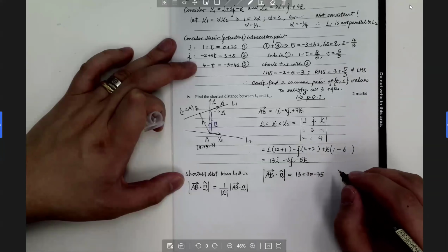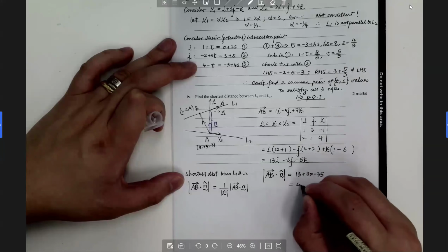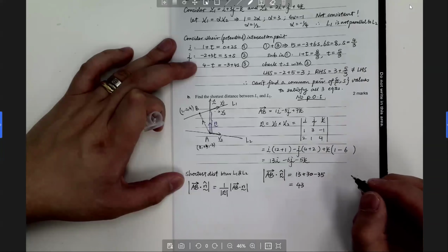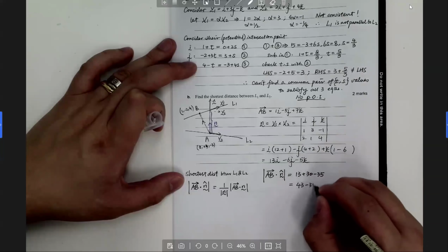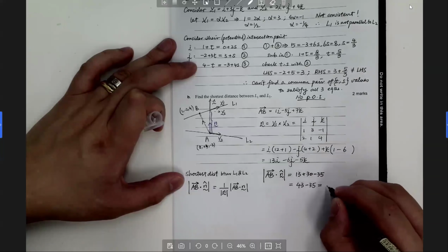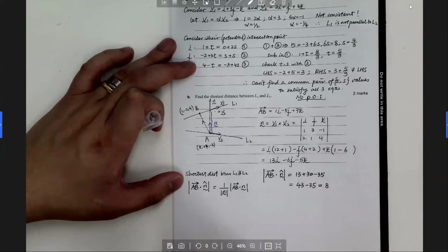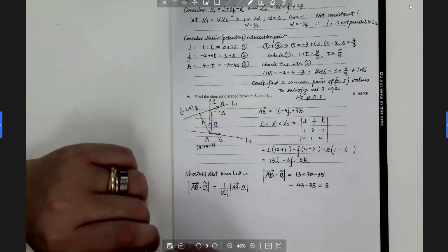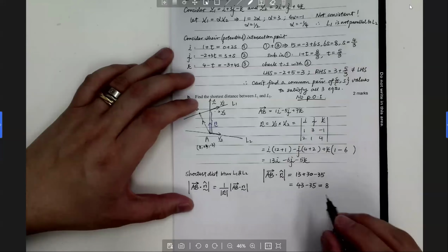Is that correct? Let me have a closer look. You should have a 43 minus 35. That is like 8. Okay. I should also have a look at this one.